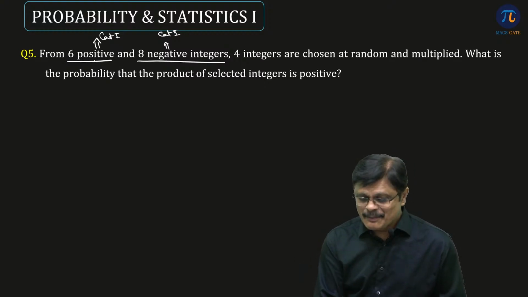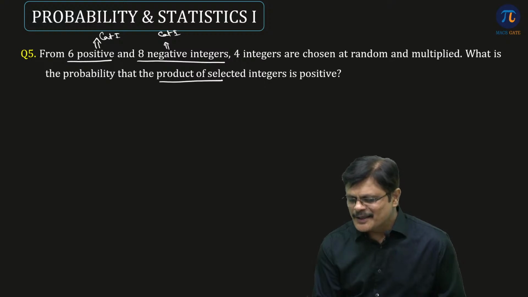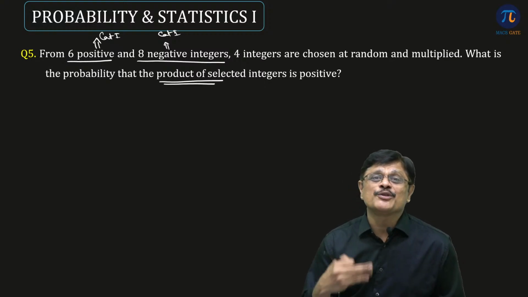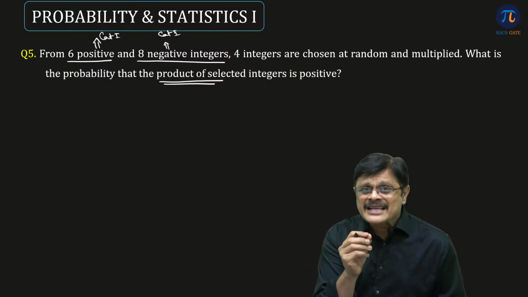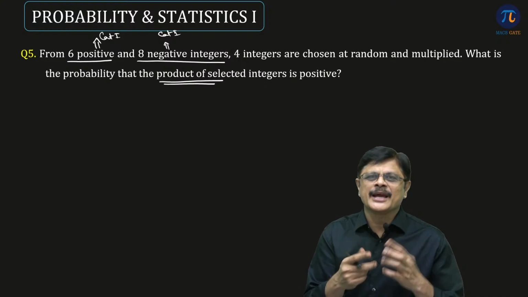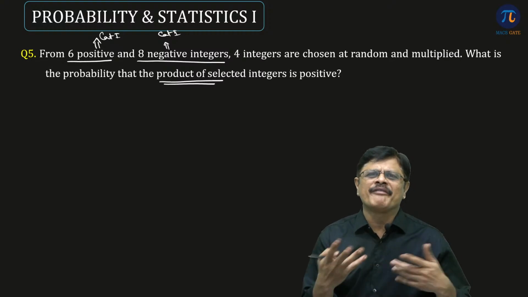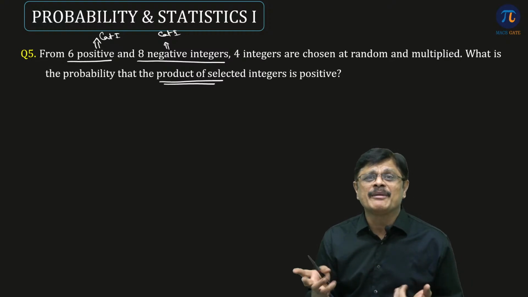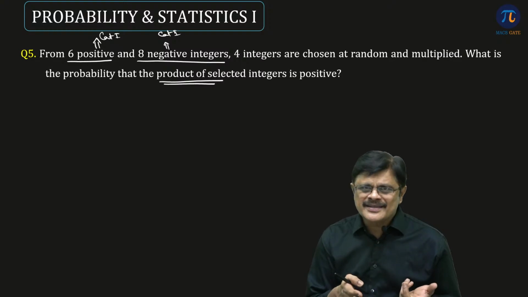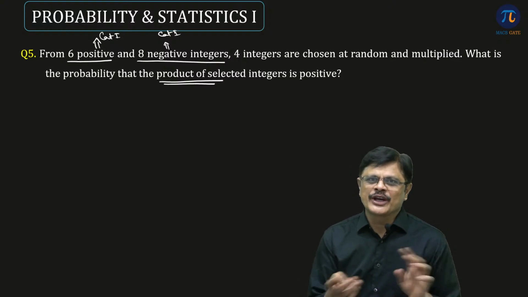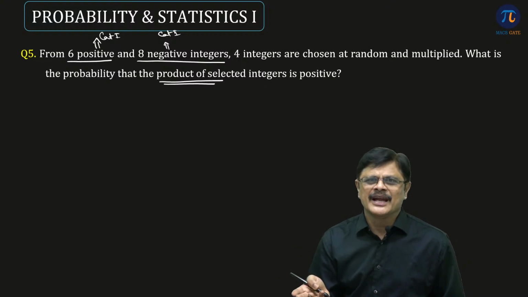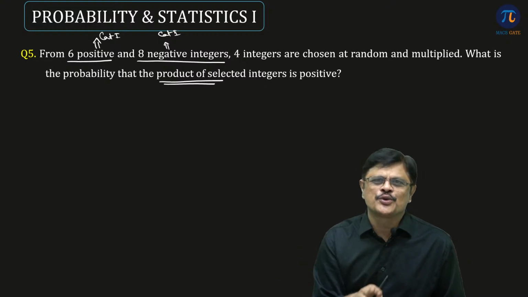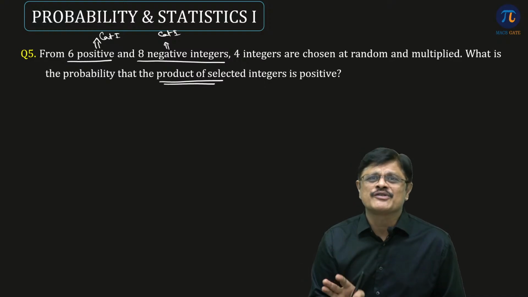But here, because they are numbers, they can ask you something related to numbers in the question. Am I clear? The question may be asked in such a way that the numbers can be added, subtracted, or you may find the product of numbers. Such questions can be formed. If they are members, for human beings, you cannot multiply them, right? So in such cases, questions like selecting at least 2, at least 3 will be asked.